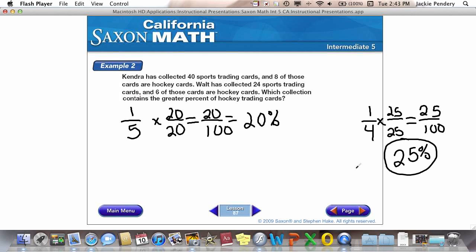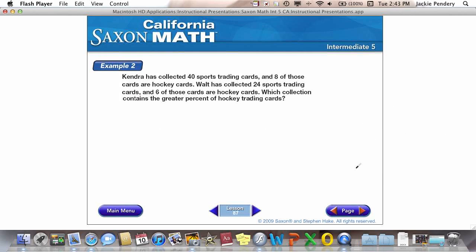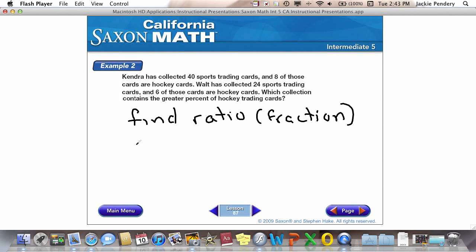Okay, so step 1, find the ratio, which is the fraction. Then reduce the fraction.